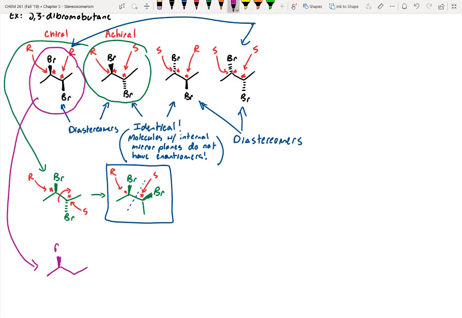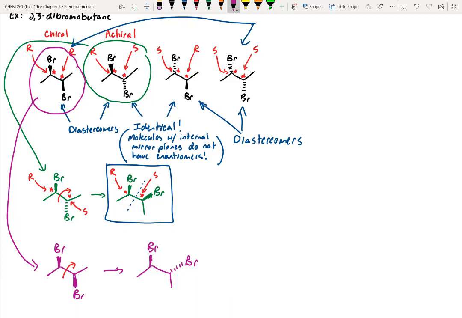So I'm just going to copy this down here in purple, and we're going to do a sigma bond rotation like this. Does this have an internal mirror plane? No. So that means that it's chiral.